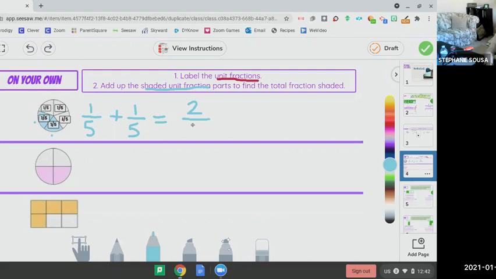So our 5 stays the same. 1/5 plus 1/5 equals 2/5. We did not add more parts onto this model. Okay? So this is 2/5. 2/5 are blue. You will complete this same process for the 4ths and the 6ths.